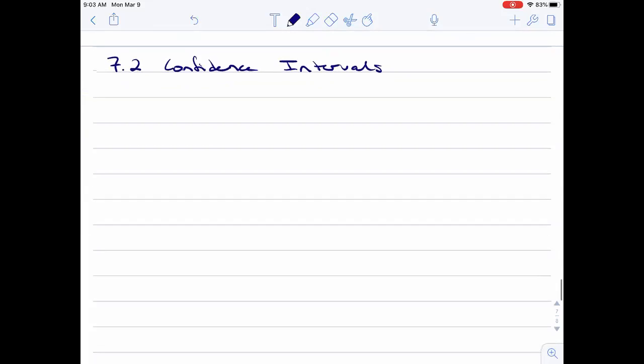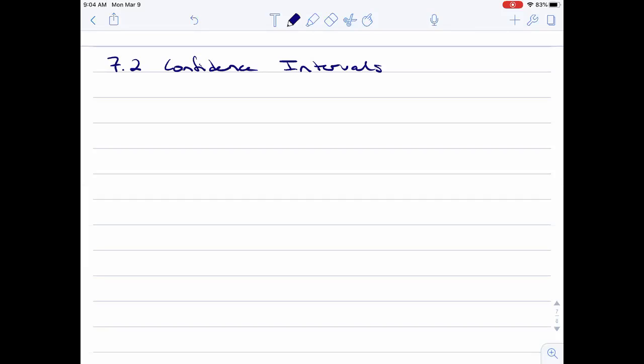So in 7.2 and 7.3, and the rest of chapter 7 I'll leave for you to read. We're going to focus on 7.2 and 7.3 because what we're doing here is developing these major ideas that we'll use throughout the rest of the course.